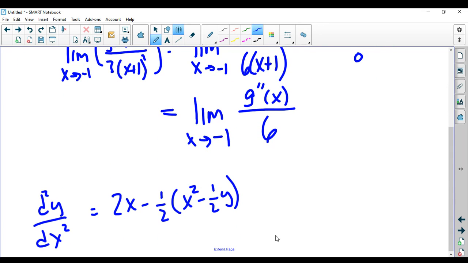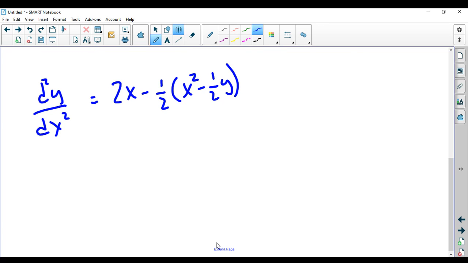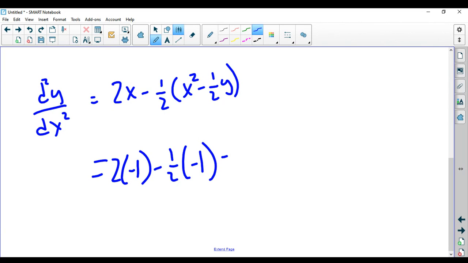So we have 2 times -1 minus 1/2 times a -1 minus 1/2 times 2. All this should be in parentheses.